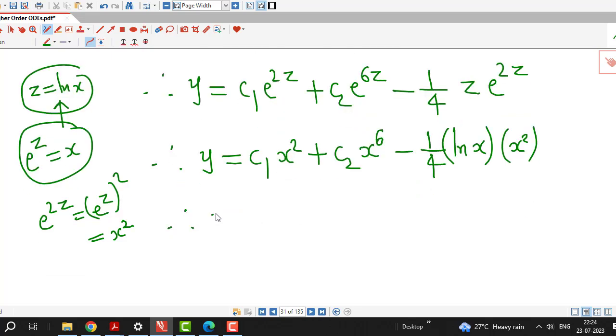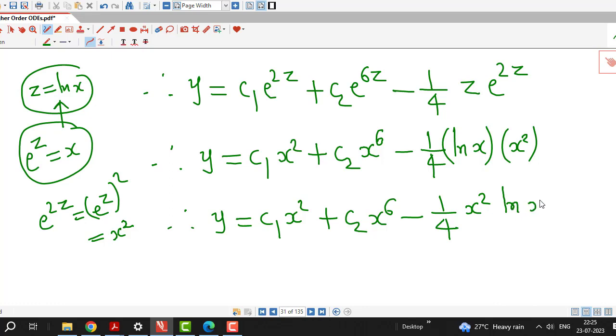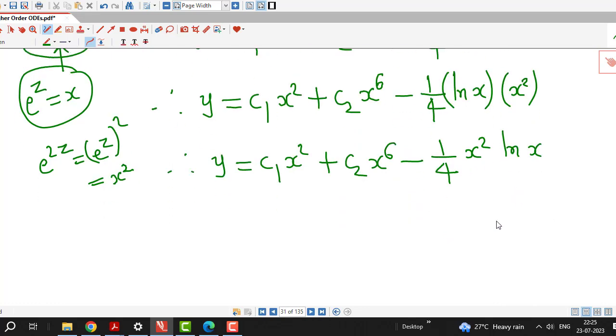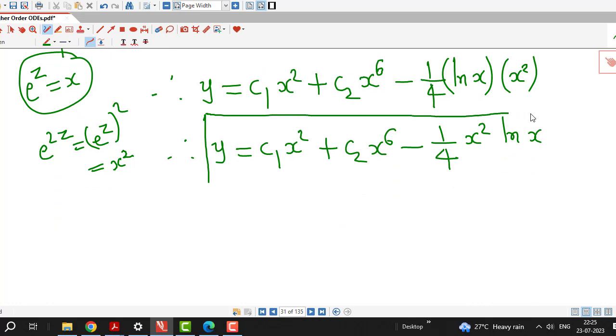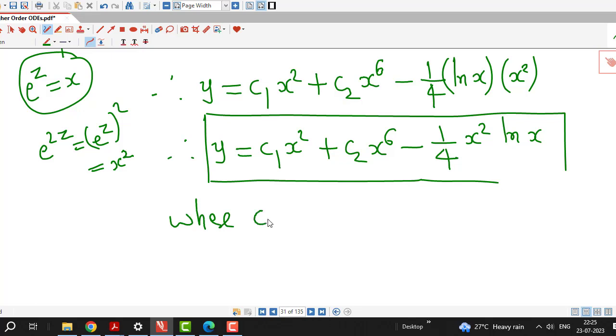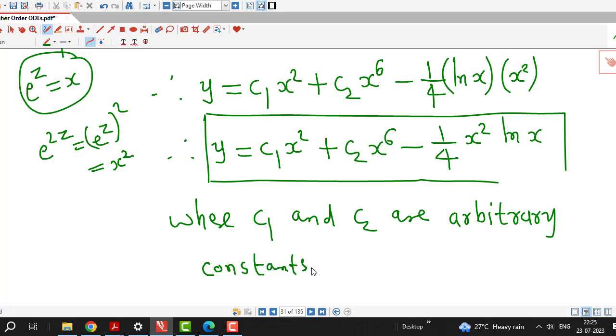And let me rewrite again, y equal to c1 x square plus c2 x raised to 6, and I am taking this x square before log x, so this is x square times log x, and this is the general solution of given Euler-Cauchy equation, where c1 and c2 are arbitrary constants.